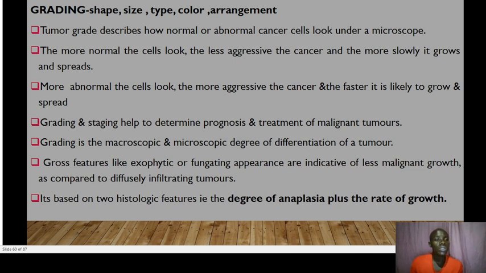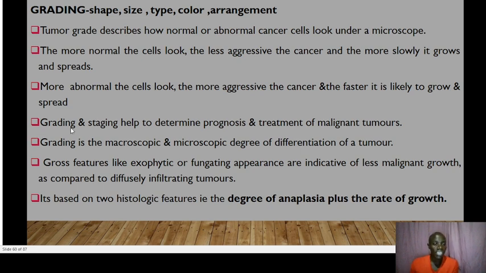So the more normal the cells look, the less aggressive the cancer is, and the more slowly it grows and spreads. And equally, when you compare it to abnormal cells, the more abnormal the cells look, the more aggressive the cancer will become, and the faster they are likely to grow and spread.